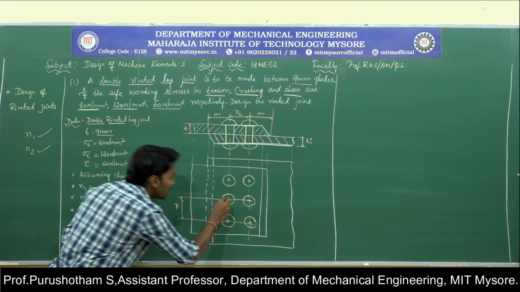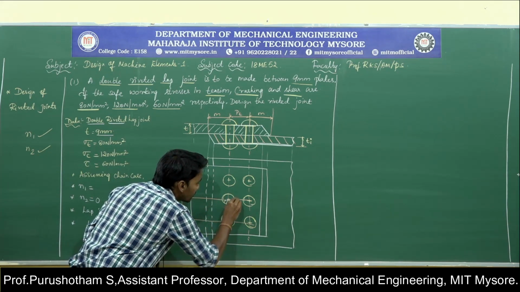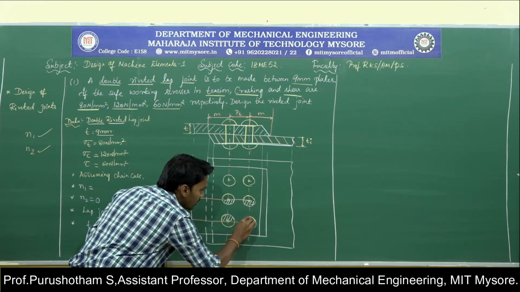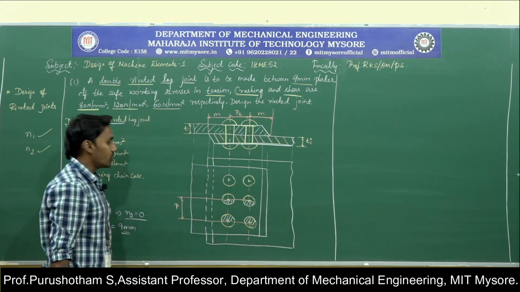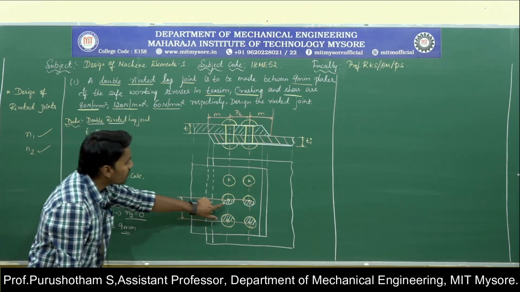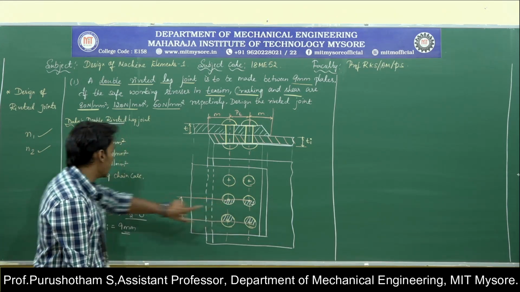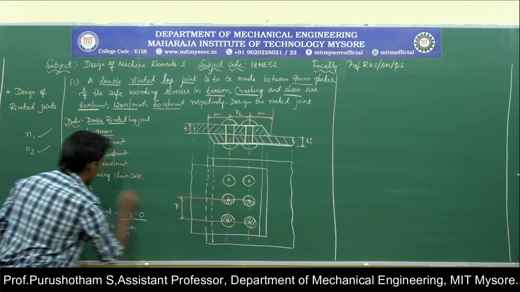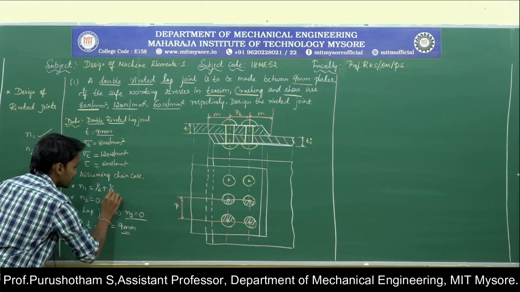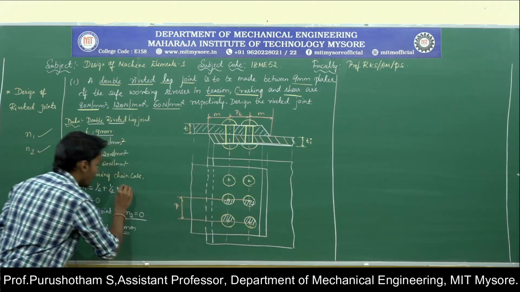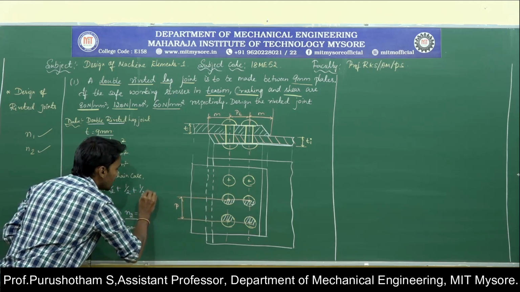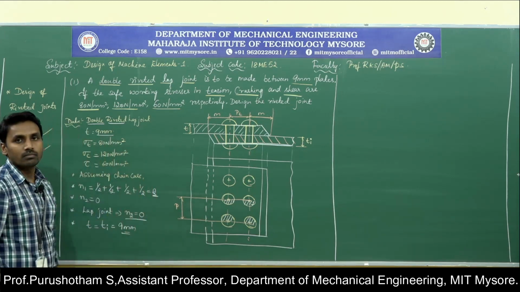Okay, I am going to add this one. Here we can see one rivet, and this will be another rivet. That means in this pitch length, the number of rivets subjected to single shear is one plus one plus one plus one, so totally 2.